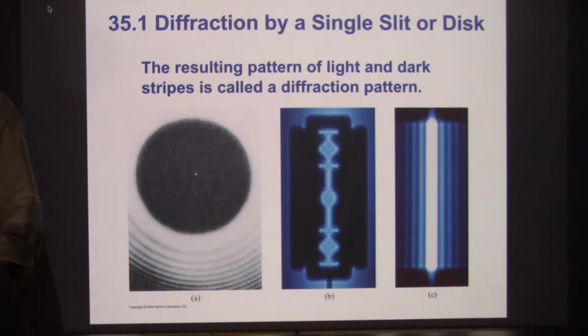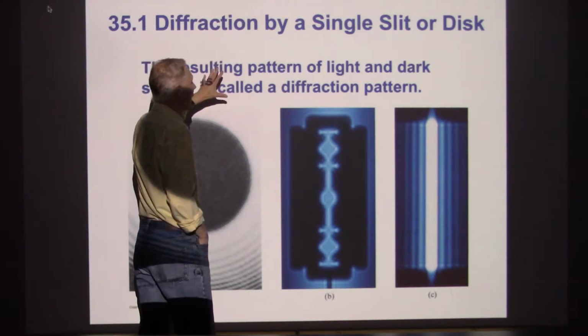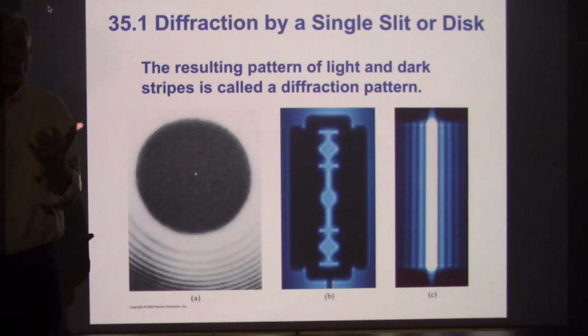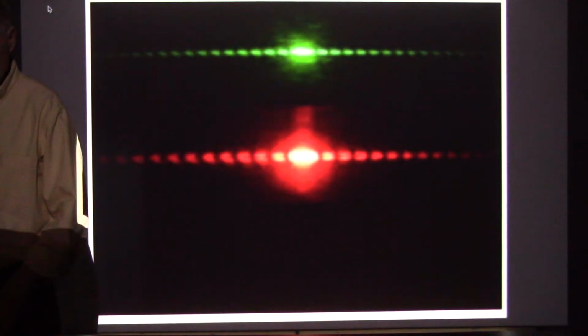All right, let's see. Oh, well, we just jumped right in. Diffraction has to do with what the interference will look like if we're just looking at light passing through one opening, but that opening is not super narrow. We have to take into account the width of the opening. In the last chapter we talked about numbers of slits, but now with diffraction we're going to be looking at the width of the slit and what effect it has.